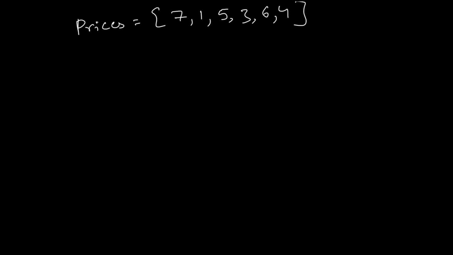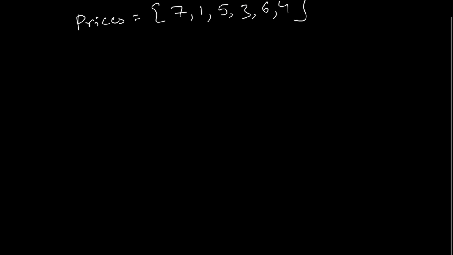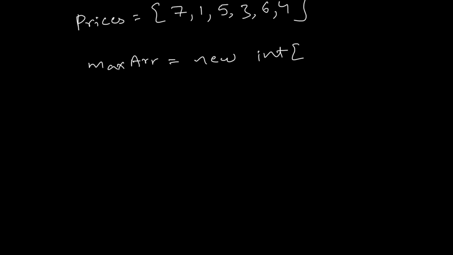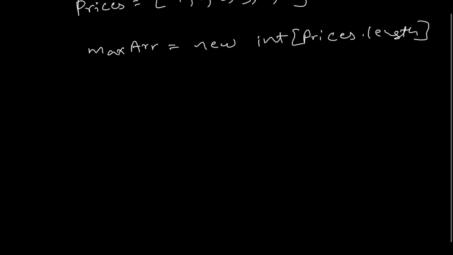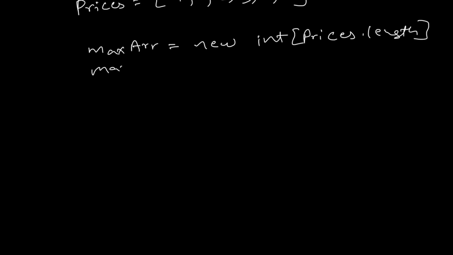We'll have max array equals new int array, and the size I'm providing is price length. In other languages, you can create a static array and move forward. We'll also have the max profit.